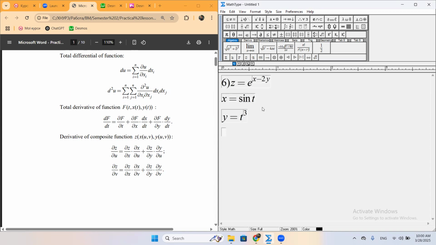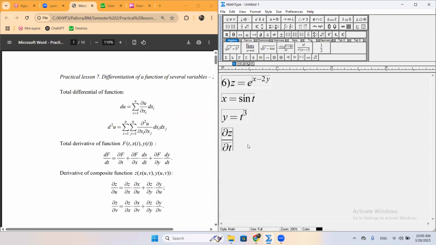So let's use this formula. The partial derivative of z by t: we will receive 0 because we don't have t here. Then dz by dx equals this exponent, so nothing changes. dz by dy equals minus 2 e to the power of x minus 2y.